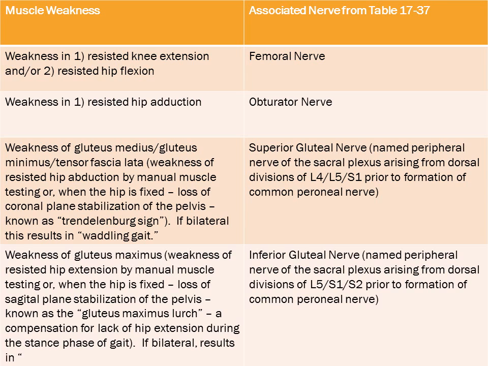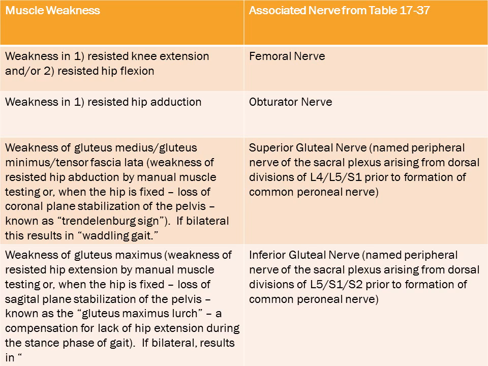And recall that the superior gluteal nerve is a named peripheral nerve of the sacral plexus that arises from the dorsal divisions of L4, L5, and S1 prior to the formation of the common peroneal nerve, meaning that it comes off of the sacral plexus prior to the entrance zone of the S2 and S3 nerve roots. So it indicates a rather high lesion in the pelvis.